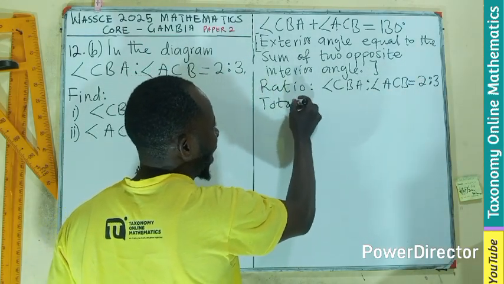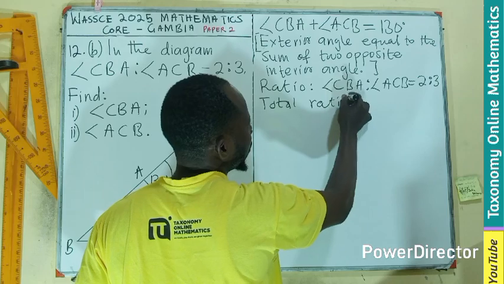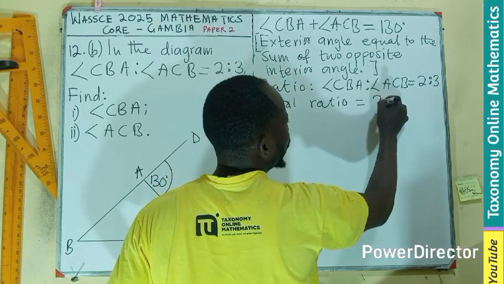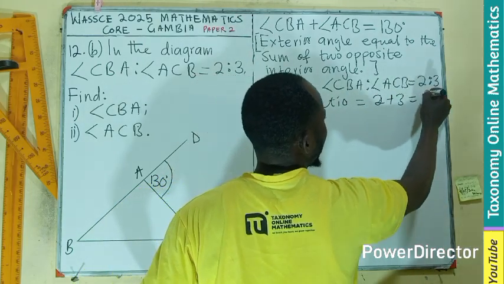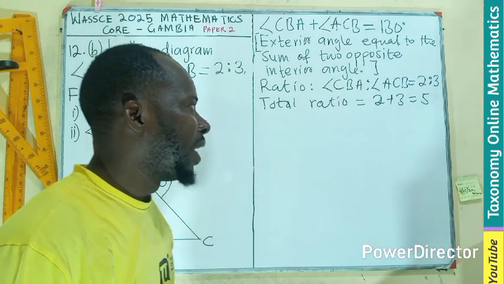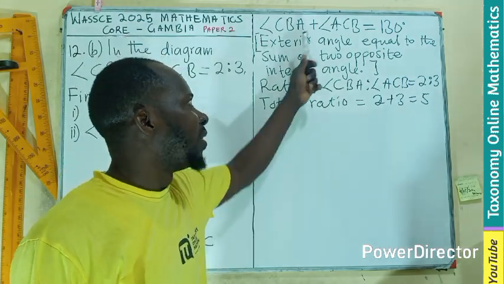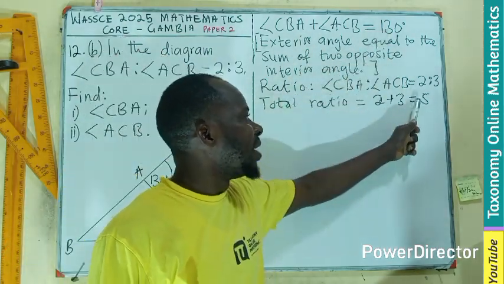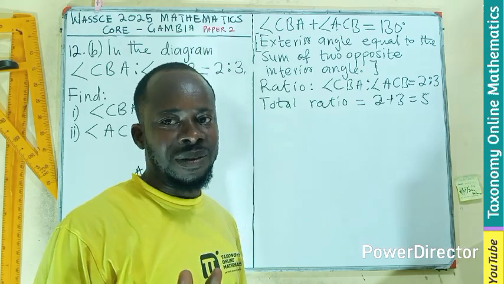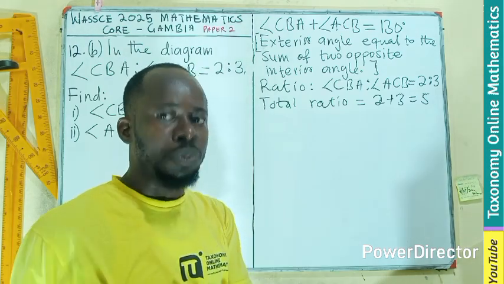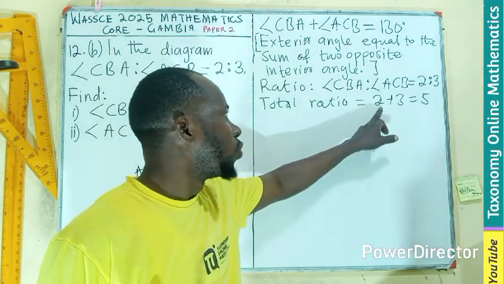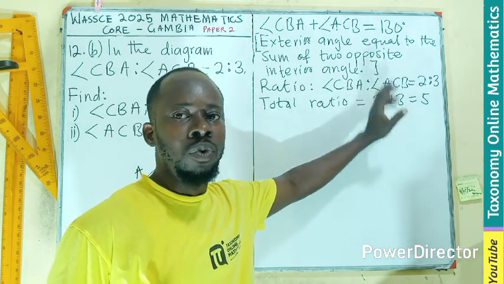Let's have the total ratio, which is 2 plus 3 equals 5. Meaning this 130 is divided into 5 equal parts, 5 equal groups. Then 2 groups go to the first angle and 3 groups go to the second angle.